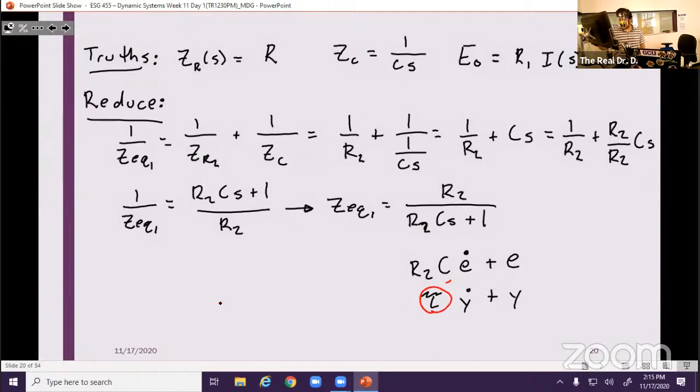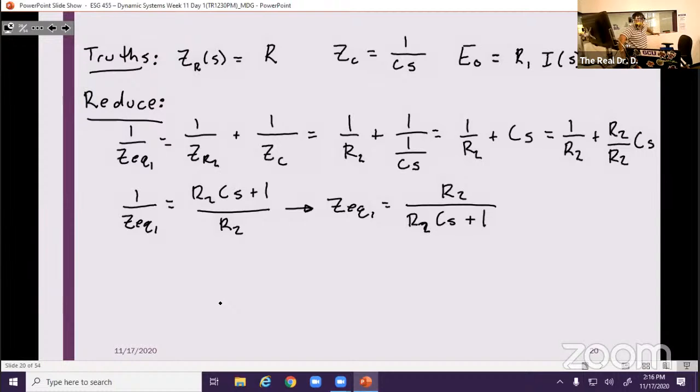This time constant has to be everything in front of the dot, okay? This is important because for a first order system, we can quickly and easily identify the time constant if it is in first order standard form, right? All right, but anyway, not really here or there for this problem. That was a tangent. Side quest complete.